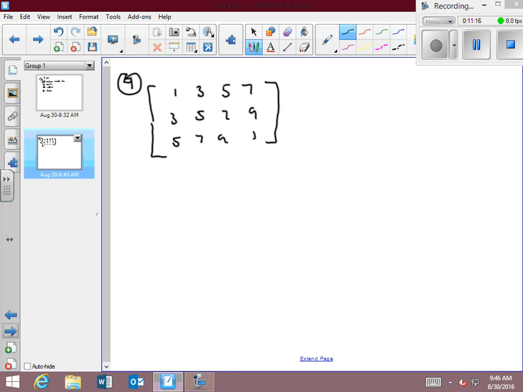So what we want to do is get everything in the leftmost column to be zeros, right? So I'll just write the first row.